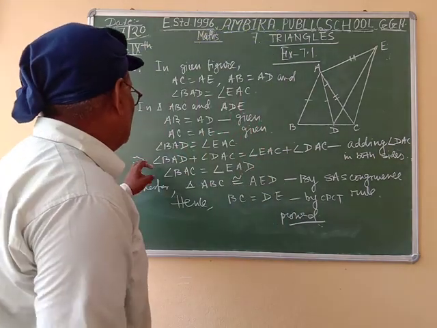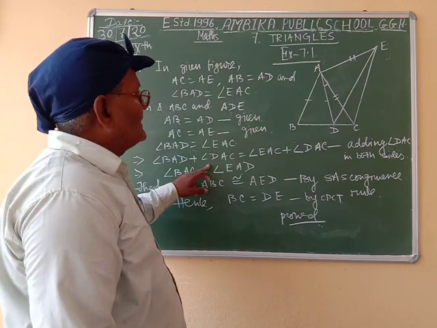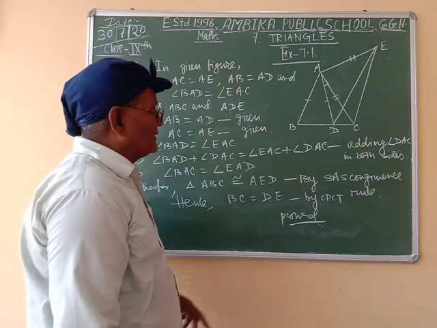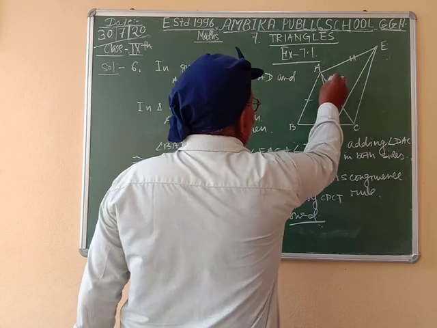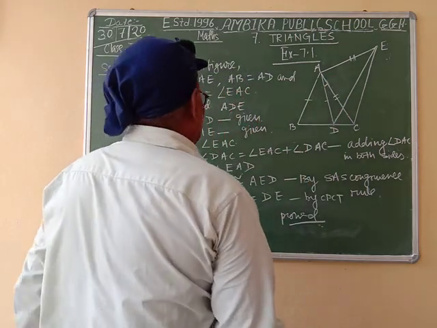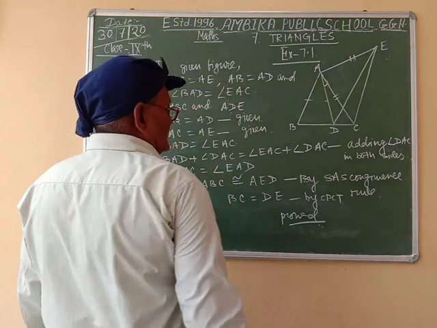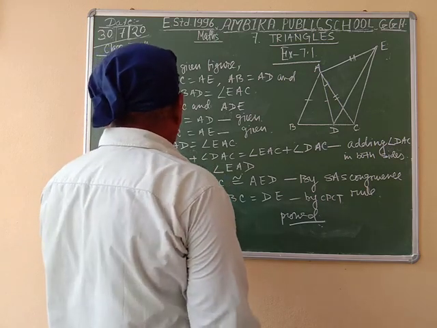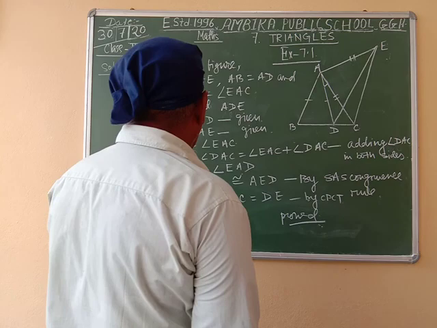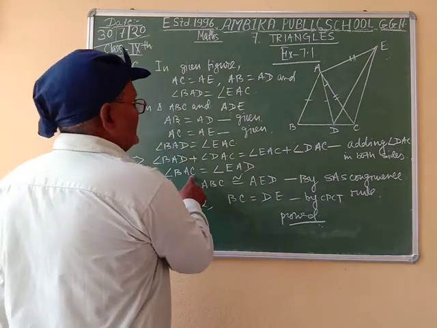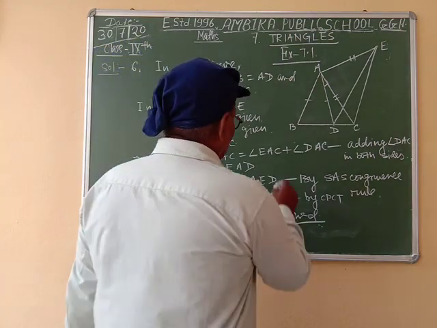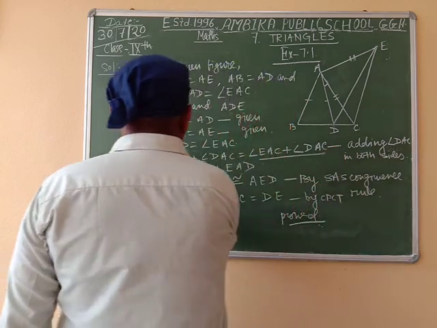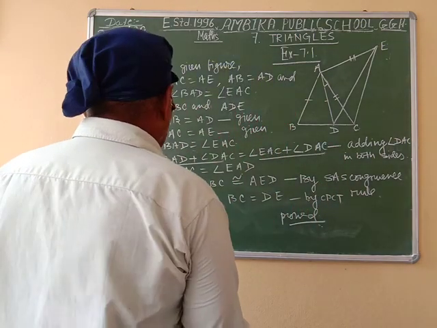Adding the common angle DAC on both sides, angle BAD plus angle DAC gives angle BAC equal to angle EAD.